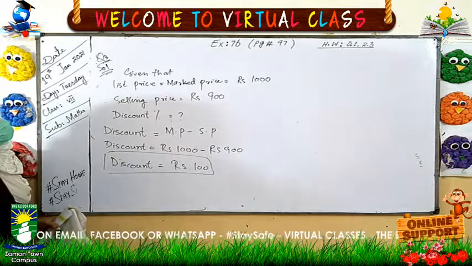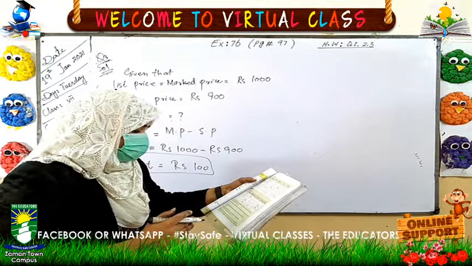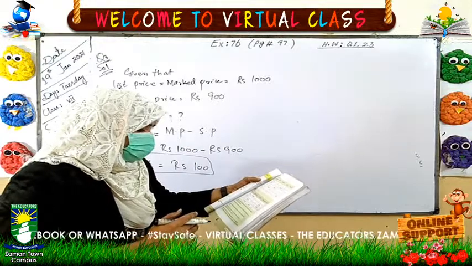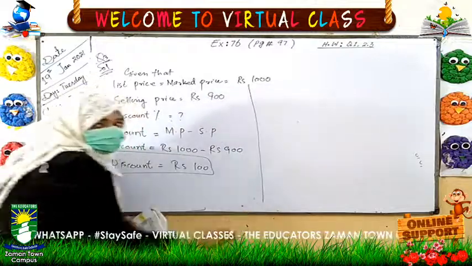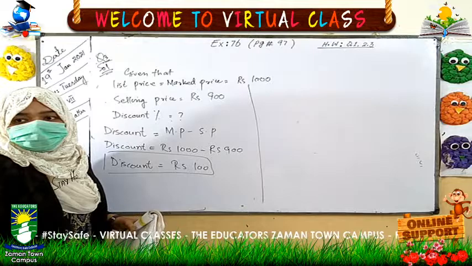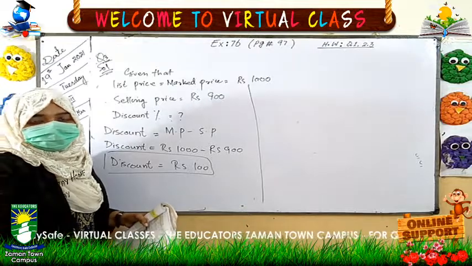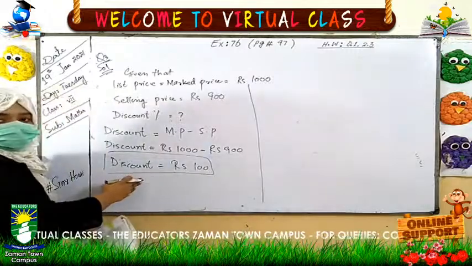It is a discount, but in your question you have the word discount percent. In your question number 3 you have a question of discount percent. Okay, now discount you have to find.